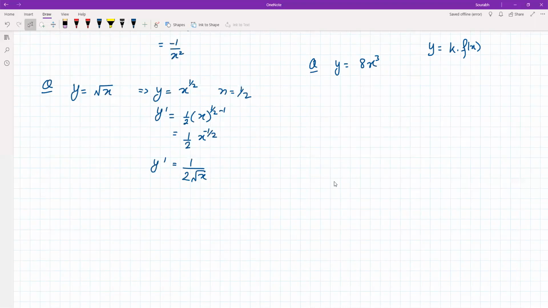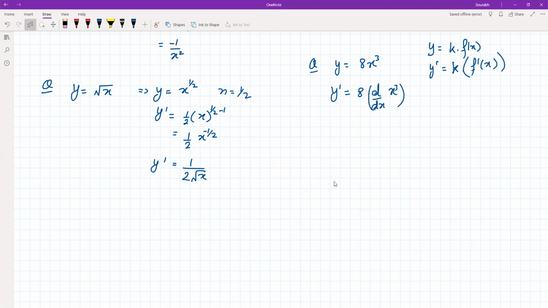If that is the case, then y dash will be equal to k into f dash x. That is, the constant you can take out and you can differentiate the function. So here what will be y dash? y dash will be 8 into differentiation of x cube. Correct? So I'll write it like this: 8 into d by dx of x cube.